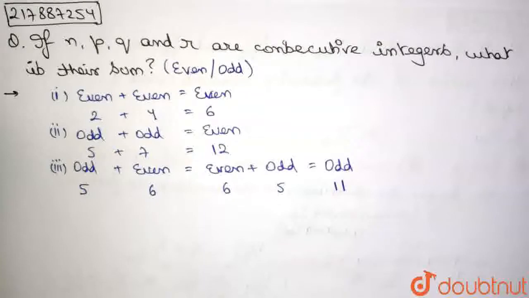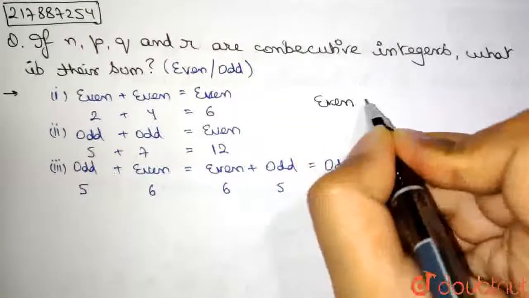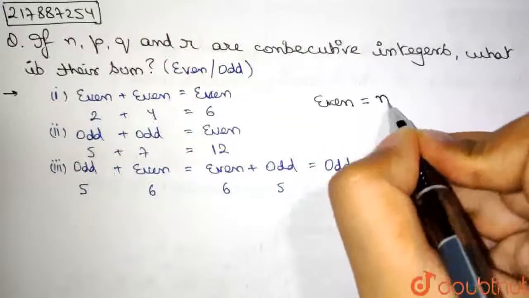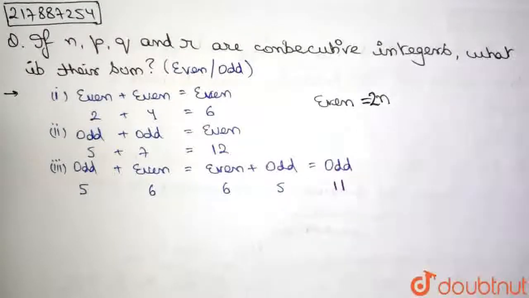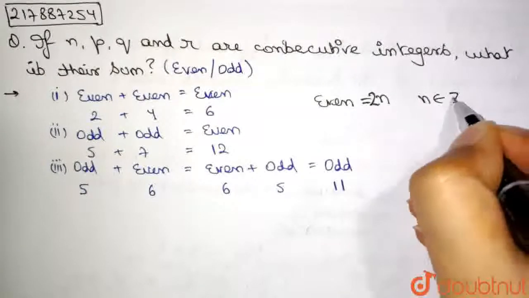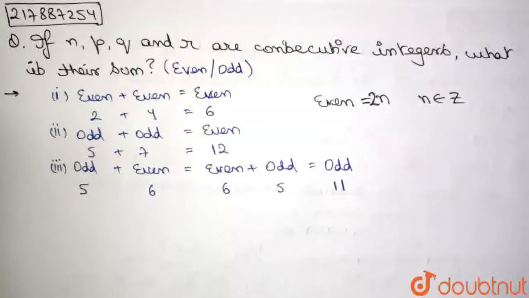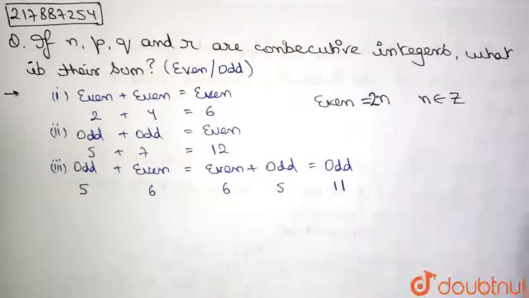Now guys, talking about the general form of an even number or an odd number, an even number is of the form 2n, twice of n, where n is an integer. Z is the sign for integers.